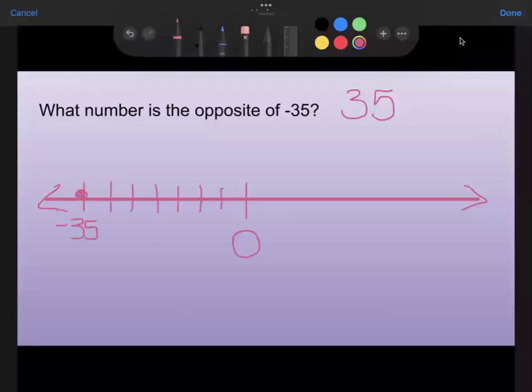We can see that this is 7 jumps away from 0. So I'm going to do 7 jumps away from 0 on the positive side. 1, 2, 3, 4, 5, 6, 7. And since each one counts for 5, that would be +35. So that is the opposite of -35.